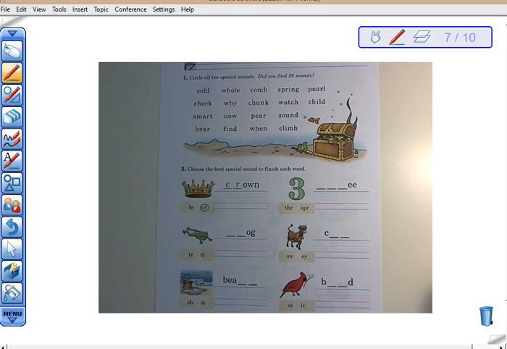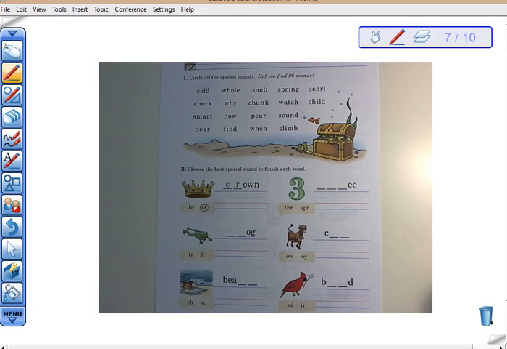Number 2, choose the best special sound to finish each word. It's been a while since we've done this, so look up here. You need to circle the one that's correct. Then you need to write it on the lines, and then you need to write the whole word underneath. Each one of these will be worth 3 points. If you do not do all 3, you will get minus something.